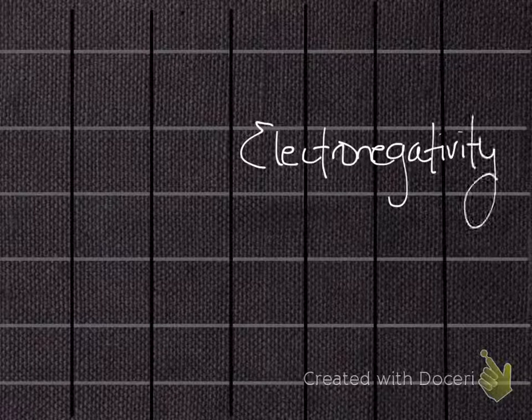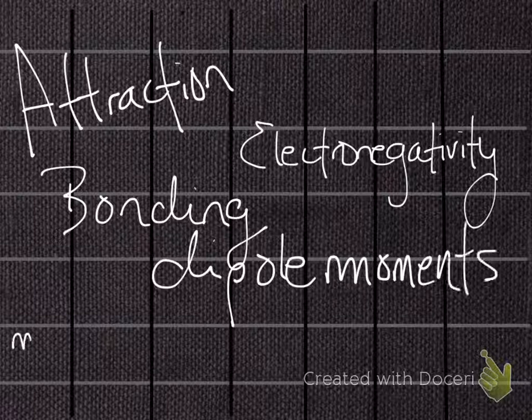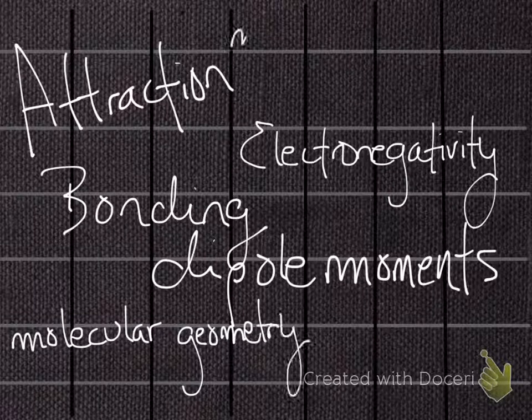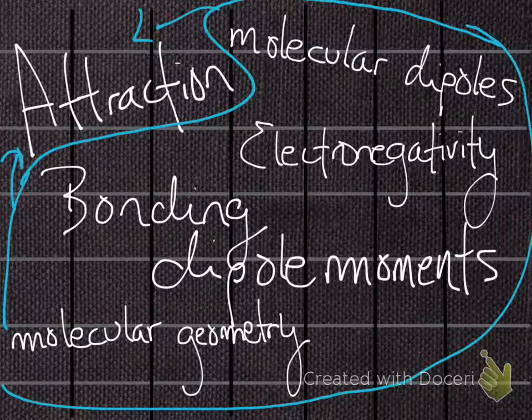All of this together can help us talk about attraction. And attraction, in turn, will help us understand where in this cell it goes. That you can write down.